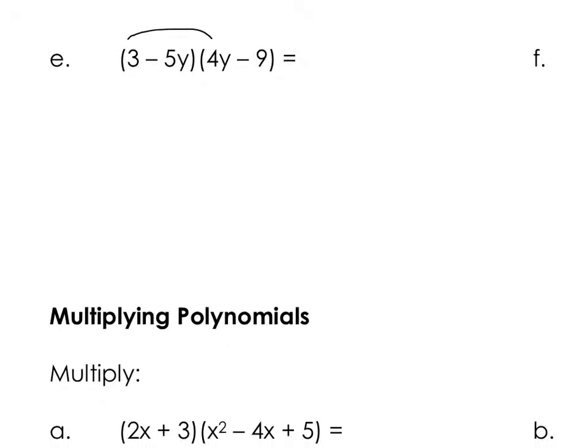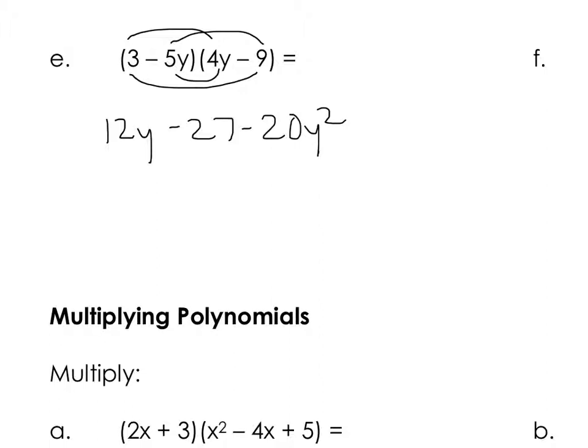First, 12y. Outside, minus 27. Inside, minus 20y squared. Last, plus 45y. Our inside and our outside aren't the like terms.